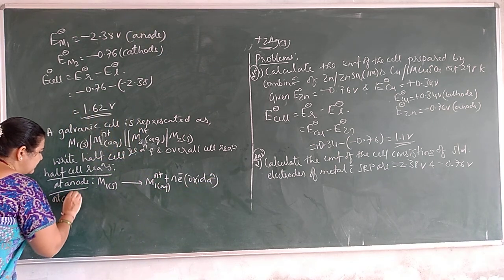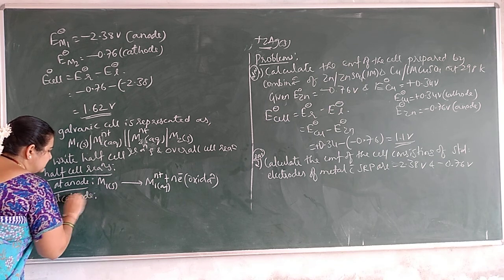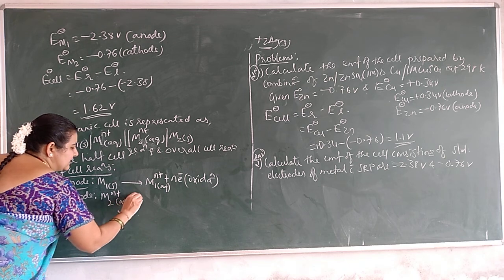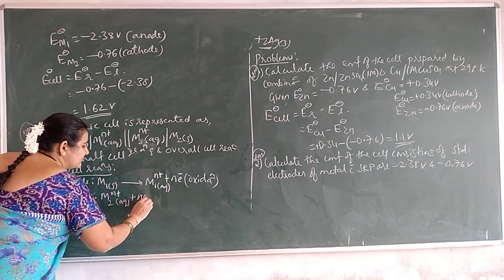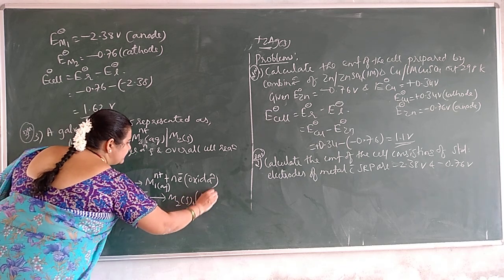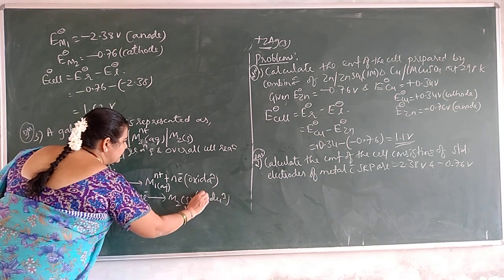At the cathode, M2 n plus aqueous plus n electrons giving rise to M2 solid is the reduction taking place at the cathode.